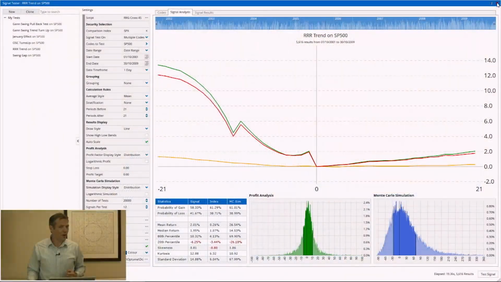Again, one thing I know though is that we've got a lot of results there over, what's that, 8 years, 5,500 results. So we're talking about 600-700 results per year, which means that I'm taking 2 trades a day. Now that may be okay, it may not be.